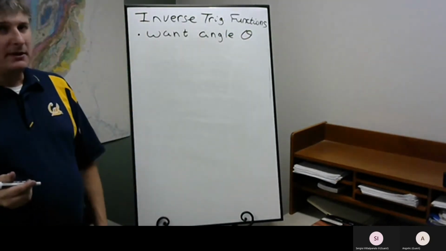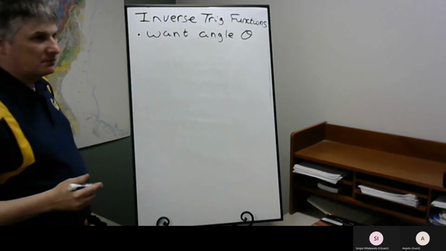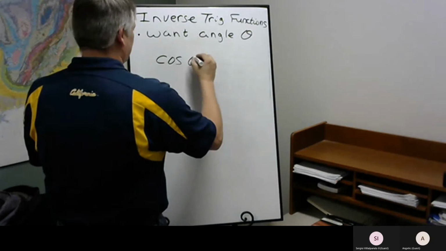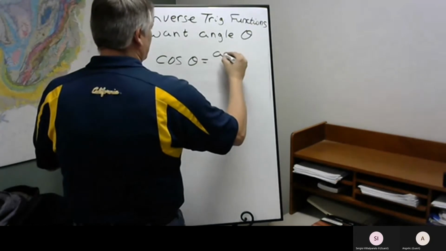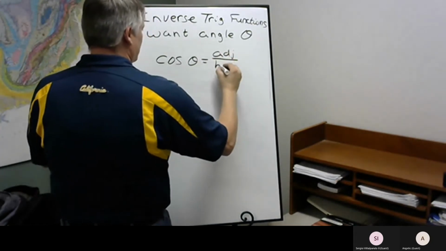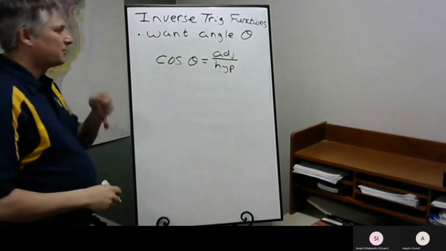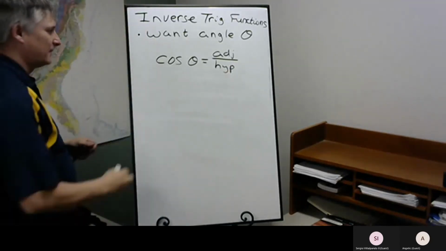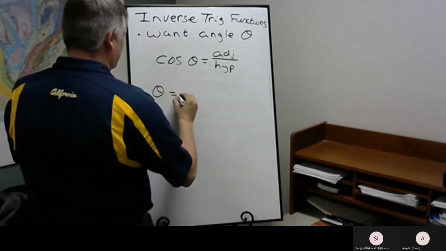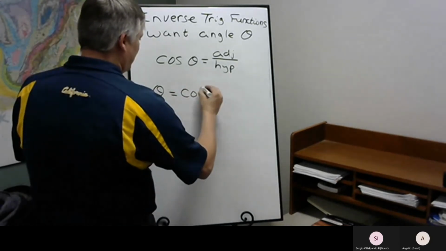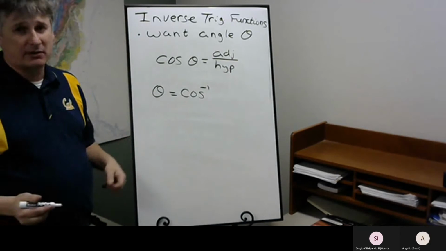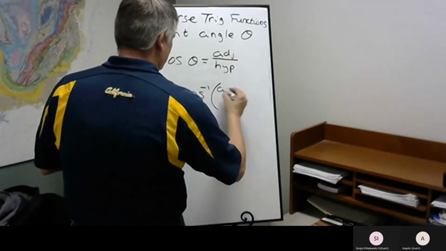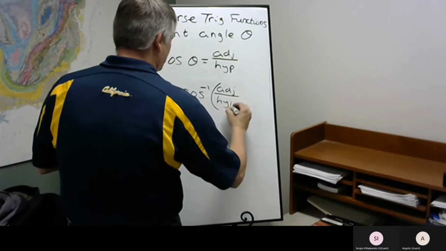We want the angle theta. So if we have, say, cosine of theta is equal to the adjacent over the hypotenuse, the way we find theta is that theta will be the cosine inverse, and again, this is a button on your calculator, of the adjacent over the hypotenuse.